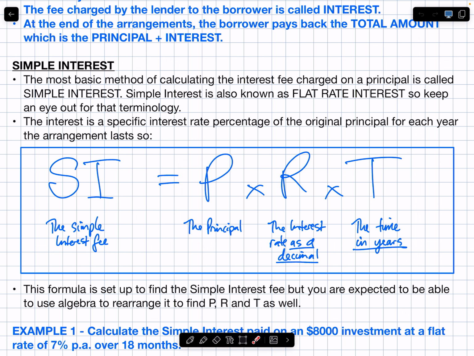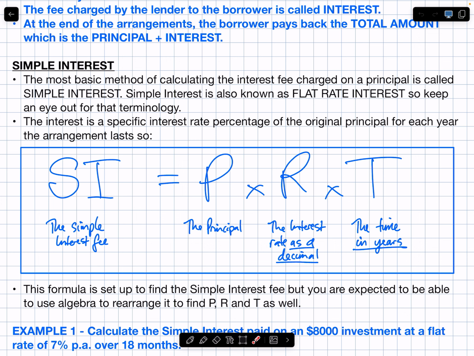SI is equal to P times R times T. What does SI stand for? It's the simple interest that you pay. P is the principal. R is the interest rate as a decimal. Now I need to ask you, if my rate was 5%, what is 5% as a decimal?